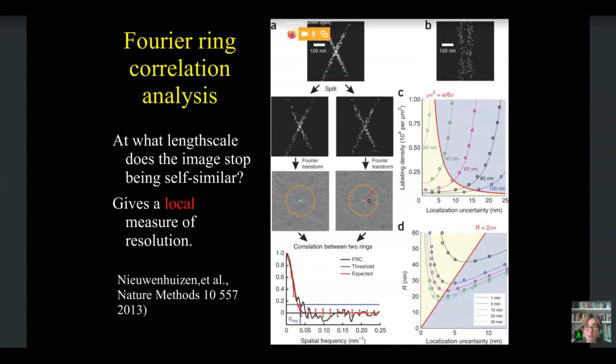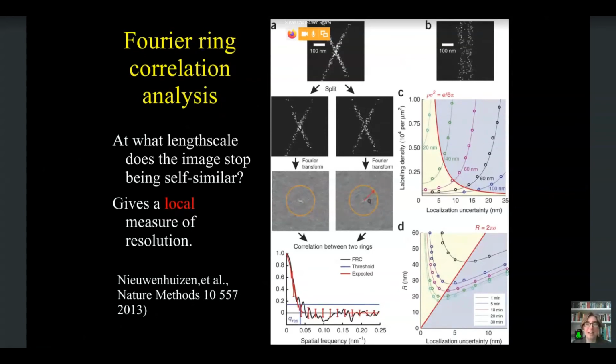If we do that, then he was getting measures of about 80 nanometers for a high-performing dye like Alexa 647, whereas normally if you quantify that using resolution measures where you try and measure sharpness or separation in some way directly in the image, you would maybe expect to get about 30 nanometers.